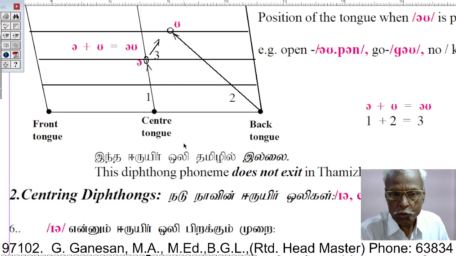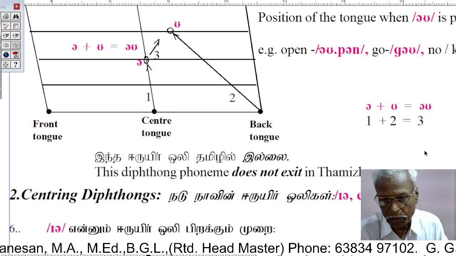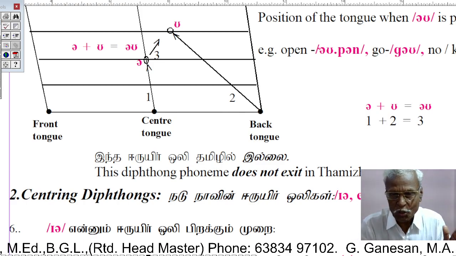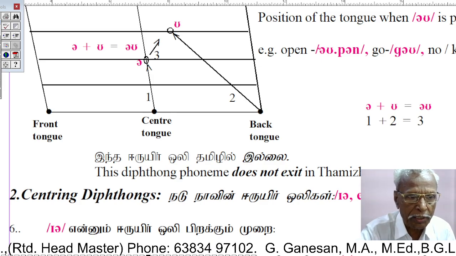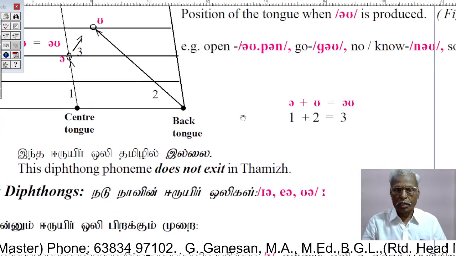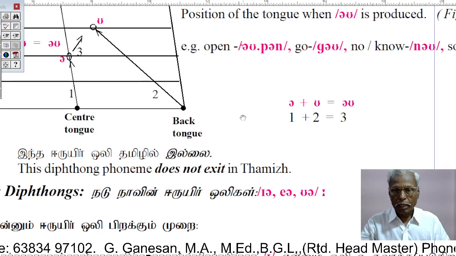This, dear teachers and students, this diphthong phoneme is not available in Tamil. That is, this diphthong phoneme does not exist in Tamil. Let us see the examples. See first: open, go, no, so.